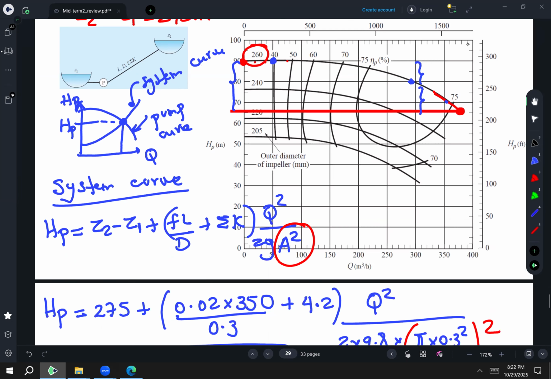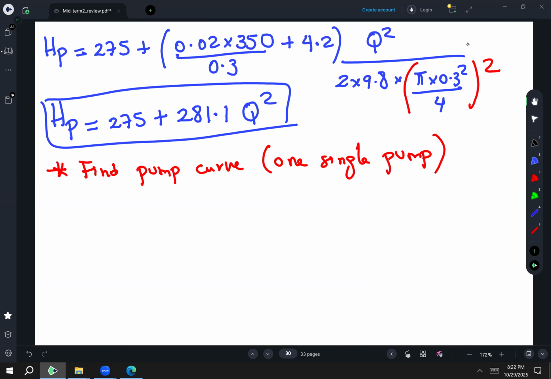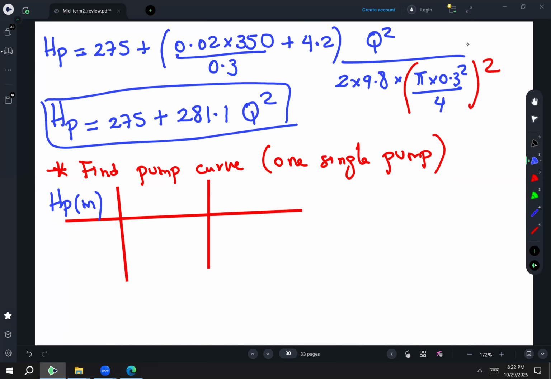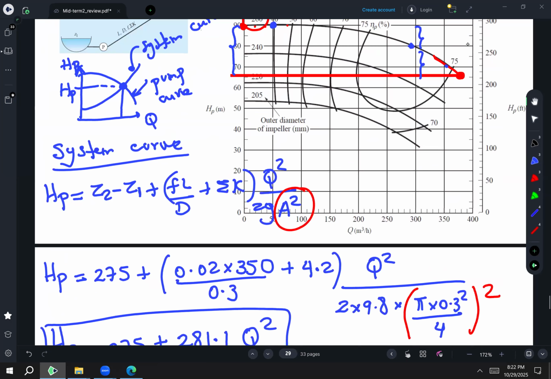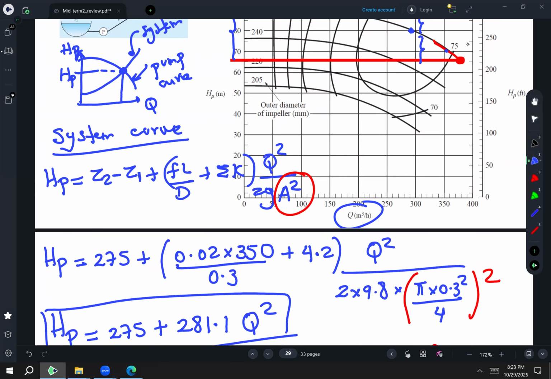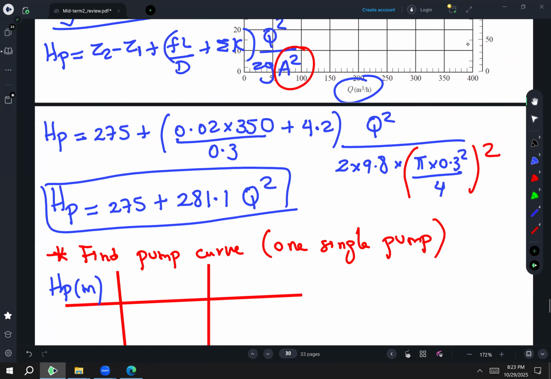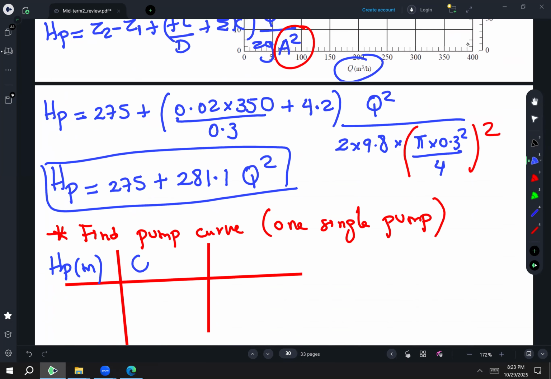Okay, so then we are going to pick those 3 points, and with those 3 points, I'm going to build a table. Then we'll have the HP, of course, in meters. And the chart is giving me the information in cubic meters per hour, so I have to have the Q in cubic meters per hour.